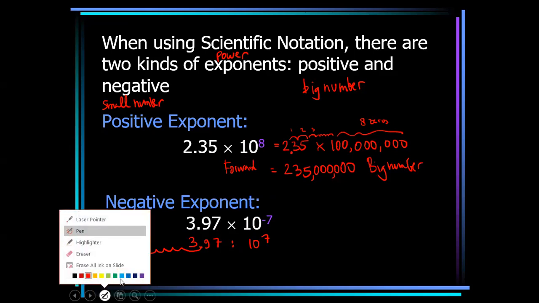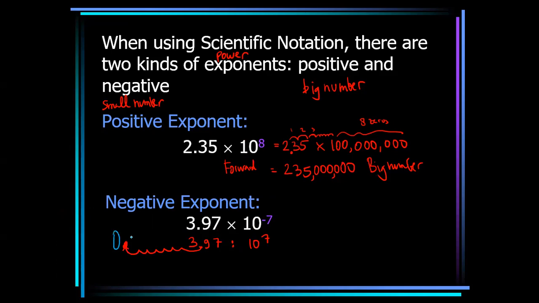And then you put the 0 in front, 0.000, so for each step you put a 0 here. So it's supposed to be 0.000000397. This is the small number, right? Because we deal with 0.00 something.